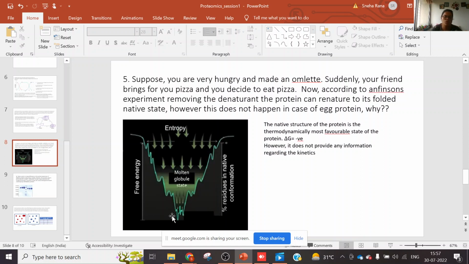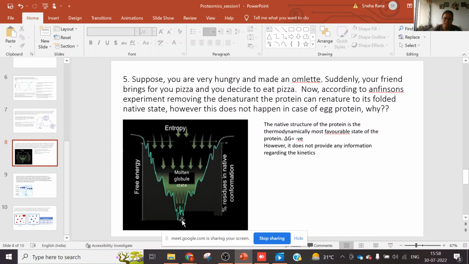Mostly the lowest free energy state is the most probable stable conformation a protein can adapt. That is why the delta G value is highly negative, and it is the most thermodynamically probable 3D conformation of a protein.